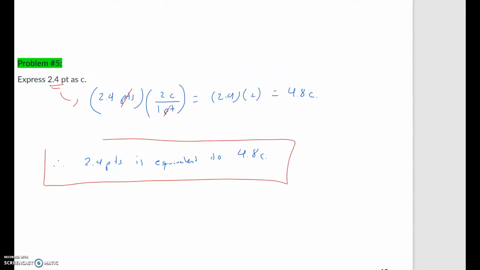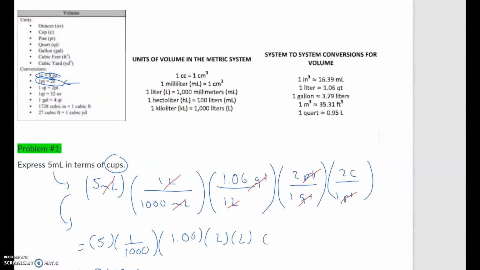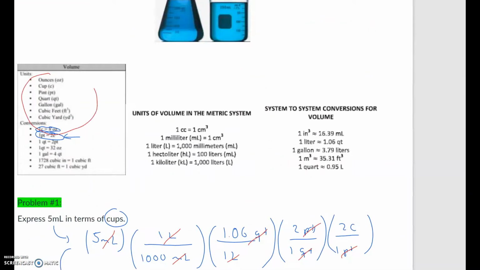It's understood that we're talking about, in this case, pints and cups, since the abbreviations are given. So it's perfectly fine to just carry the OZ for ounces.